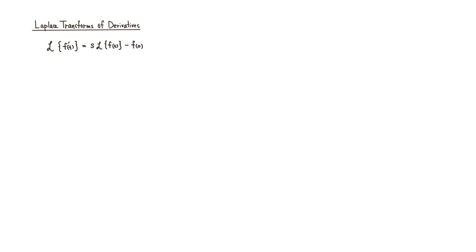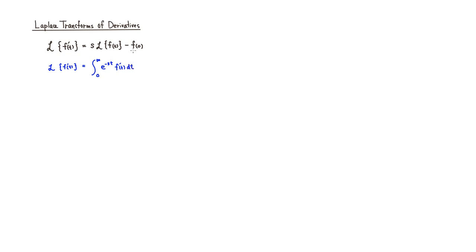Let's prove that first. We can say here, the Laplace transform of f prime of t, by definition, is the integral from 0 to infinity of e to the negative st times f prime of t dt.